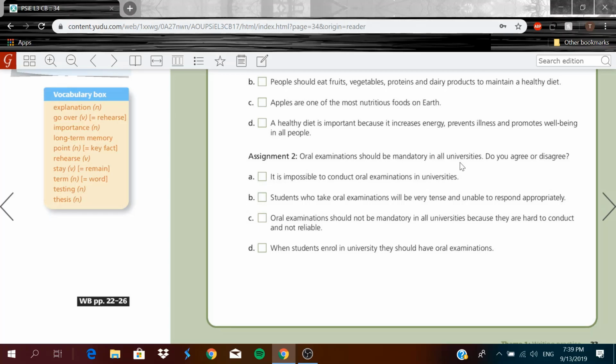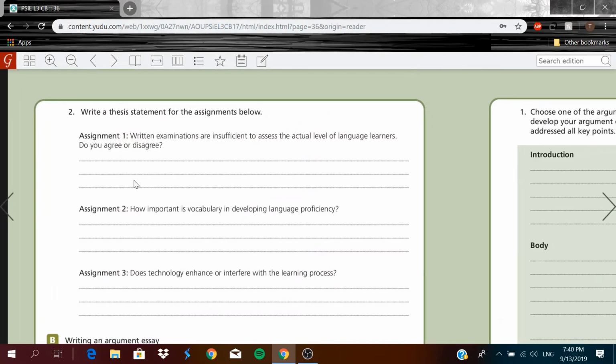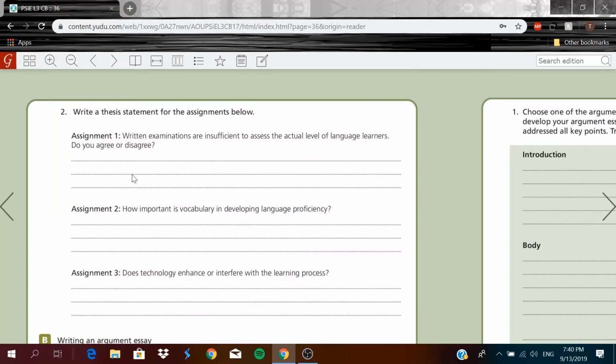Do you agree or disagree? So again, your answer will tell you which one to choose. Okay, so in my case, oral examinations should not be mandatory in all universities because they are hard to conduct and not reliable. Alright, now let's dive a little bit deeper into thesis statements and let's write our own.